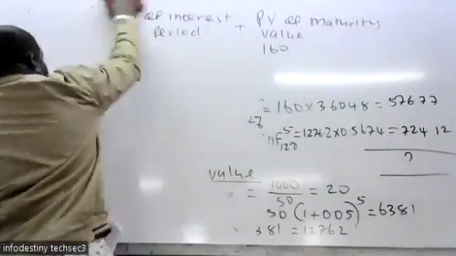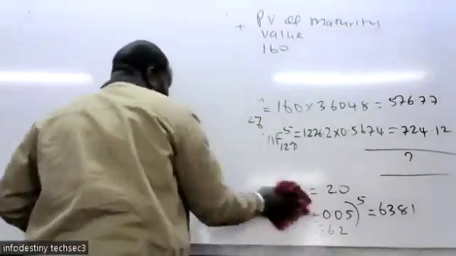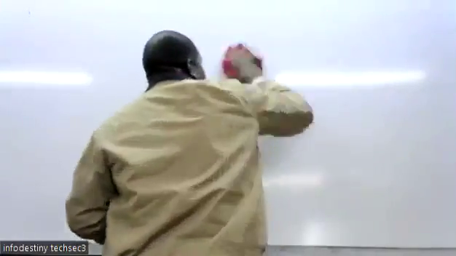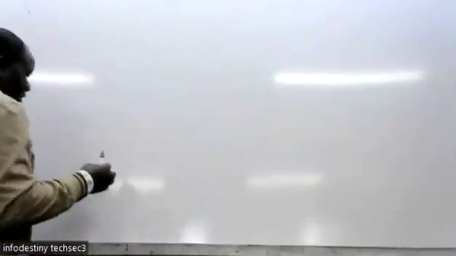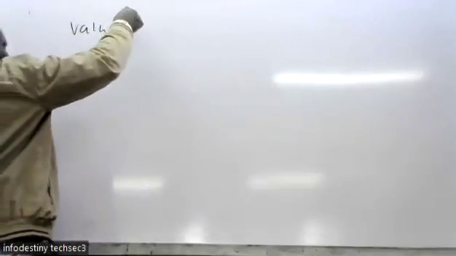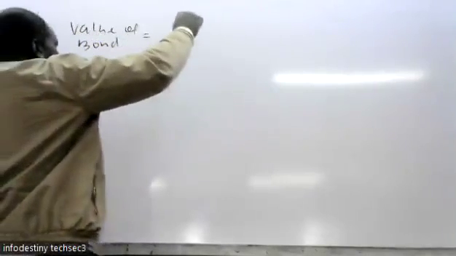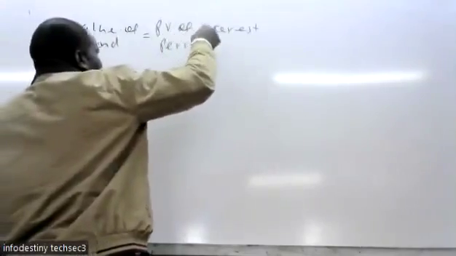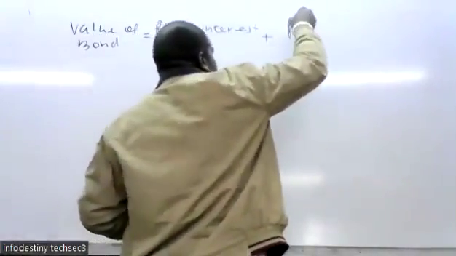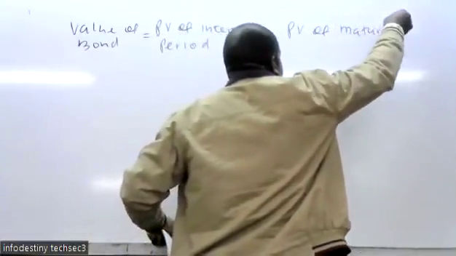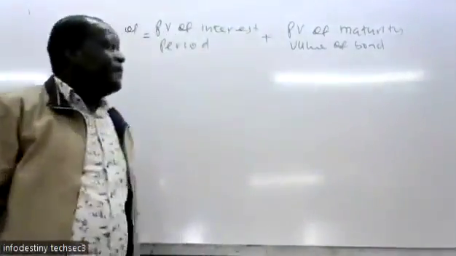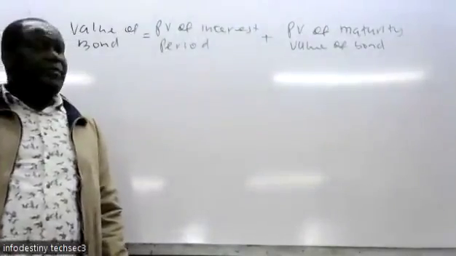The value of the bond is the same as the present value of interest per period, then we also add the present value of the maturity value of the bond.